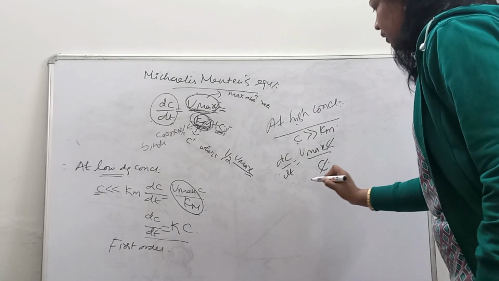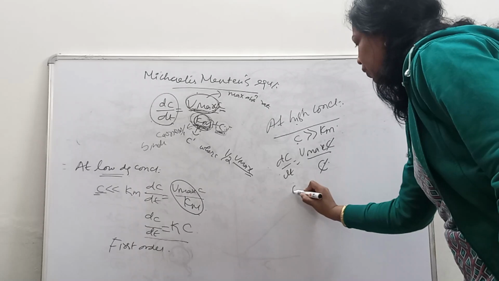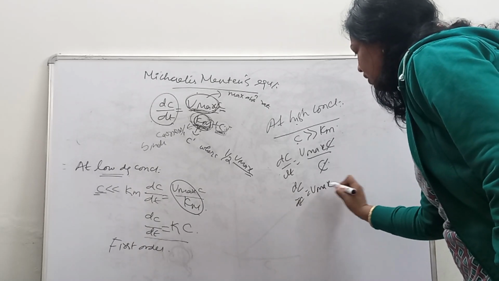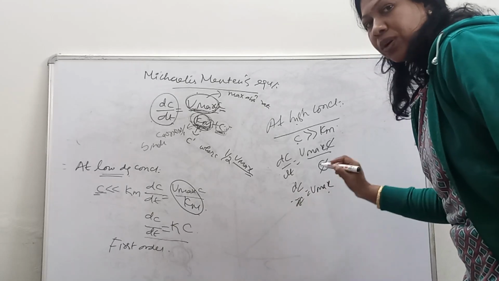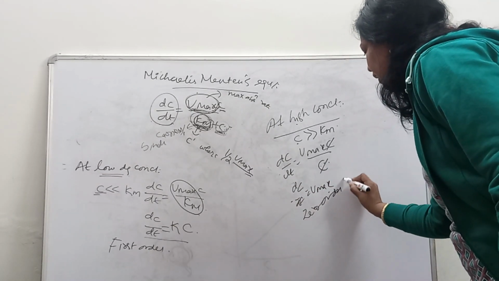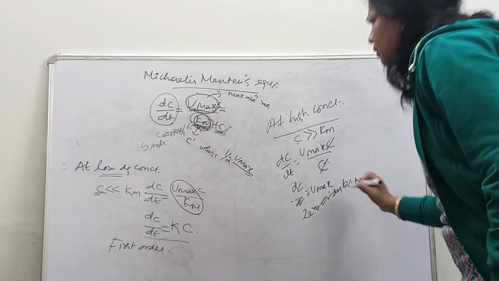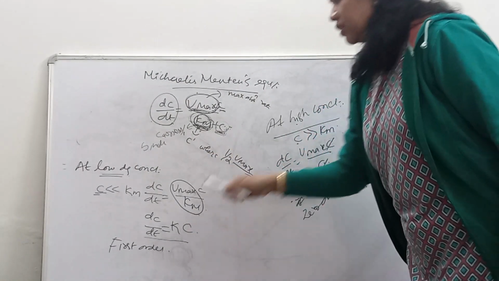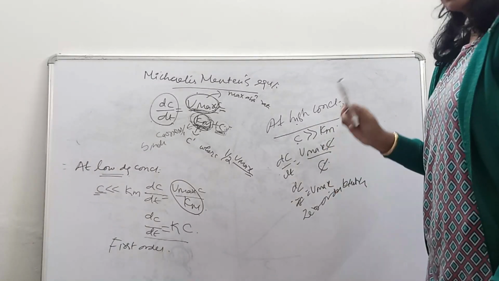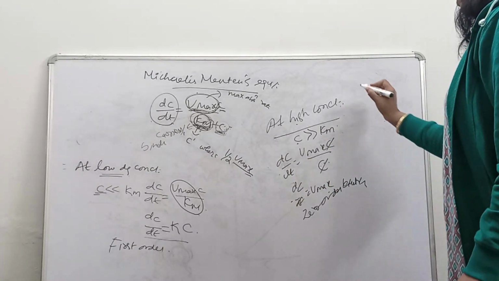Now C will get cancelled. dC upon dt will be equal to Vmax, which is a constant. Rate is equal to a constant, which is zero order kinetics. So what does it mean? At low concentration, the rate is of first order kinetics, and at high concentration the rate is of zero order kinetics.